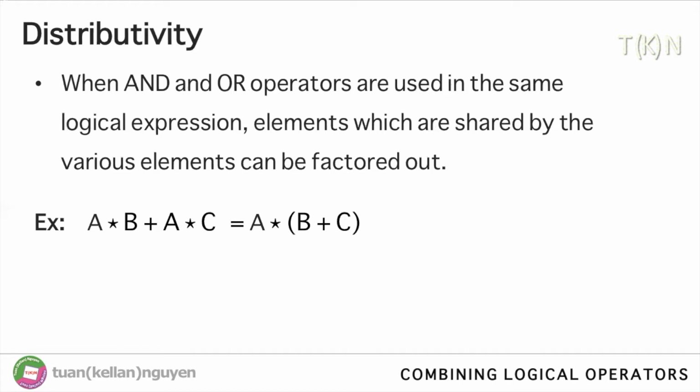For example, we create the union set, or the logical OR, between the two conjunctions A and B and A and C. As we see, A is a common factor between AB and AC that can be factored out.